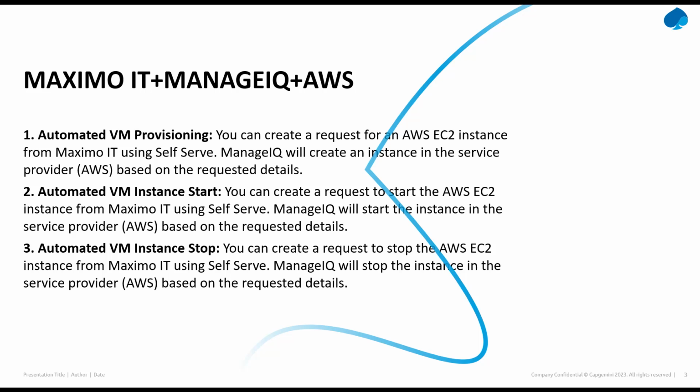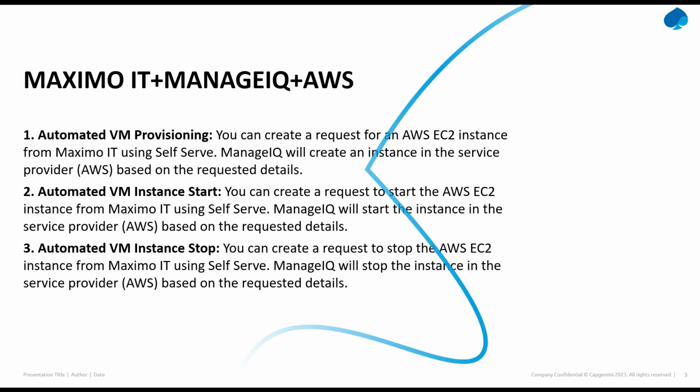And the third one is automated VM instance stop. You can create a request to stop the AWS EC2 instance from Maximo IT using self-serve. The same way we started the machine, you can also stop it. And ManageIQ will again stop your instance, based on the requested details.